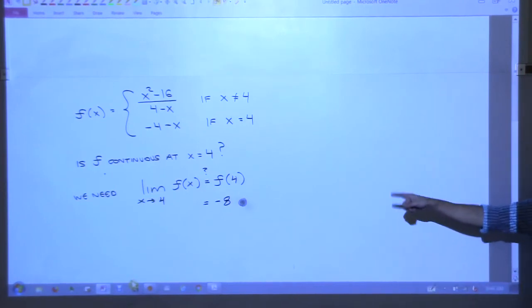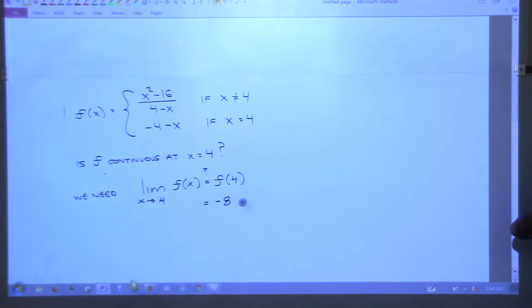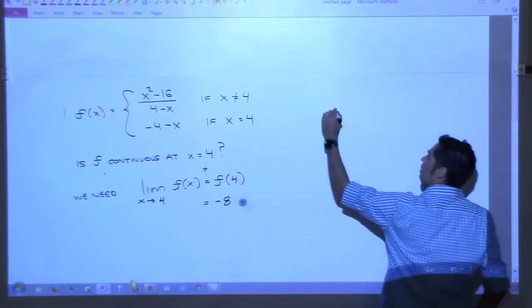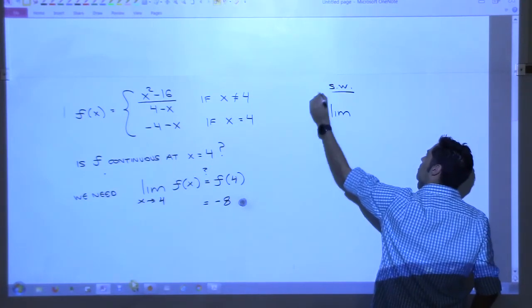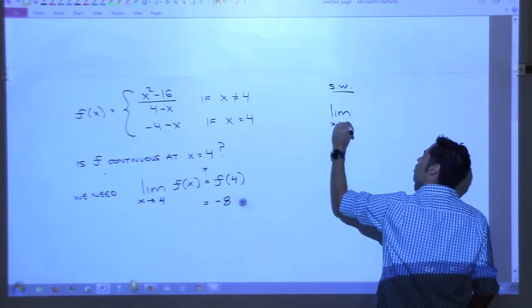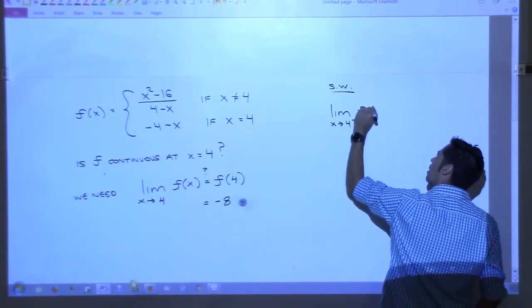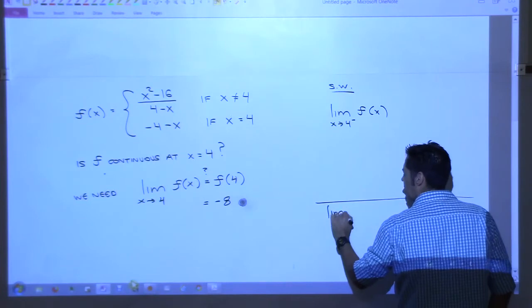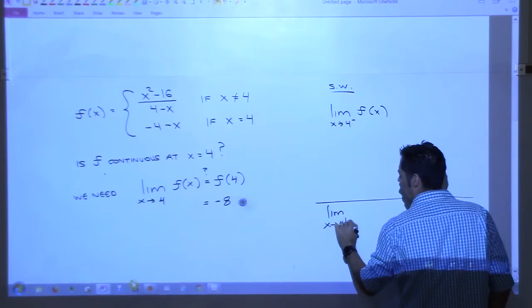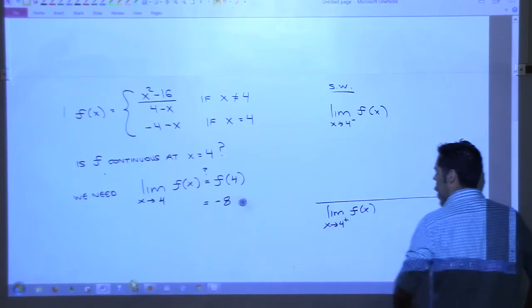Now we need to figure out what the limit is, and that requires us breaking it into two limits, one from the left, one from the right. So this is my scratch work. What is my limit as x approaches 4? Let's go from the left first. And then after we do that, we'll take the limit as x approaches 4 from the right and see what happens.